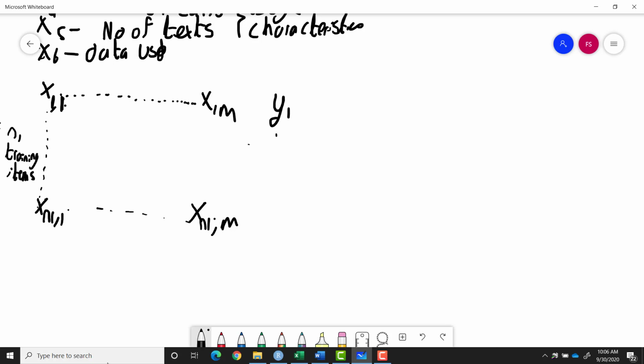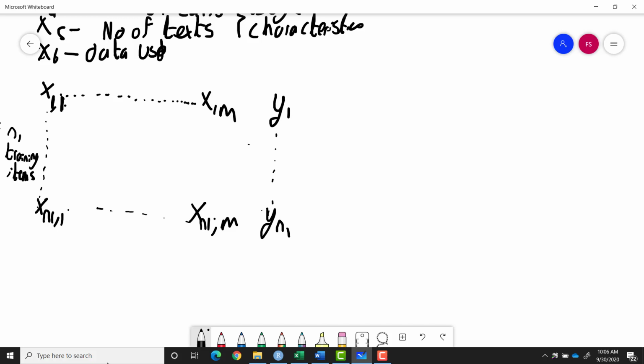And then we have y all the way up to y n1. This seems a little bit complicated, but we have a data set of 1,000 items. We take the first 500, n1 is 500, as training, and then we take 500 as test.